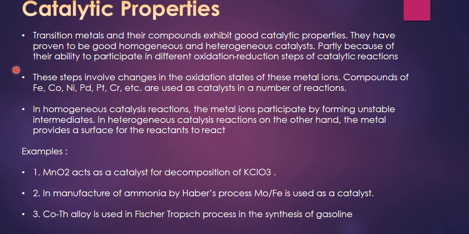Or in the contact process, an industrial process for manufacturing sulfuric acid, sulfur dioxide combines with oxygen in the presence of solid platinized asbestos. So there are so many examples where so many catalysts from d block elements are used.